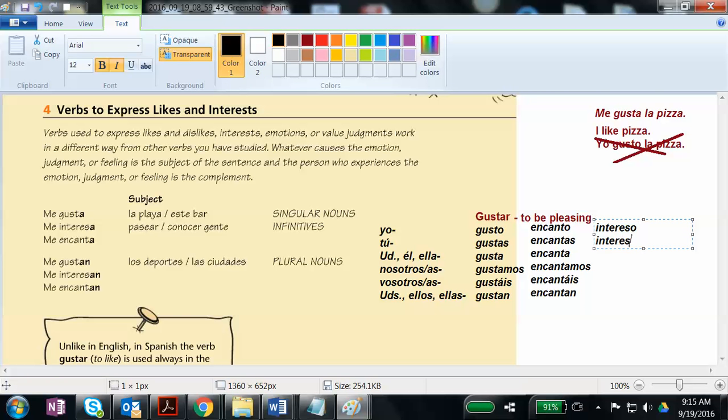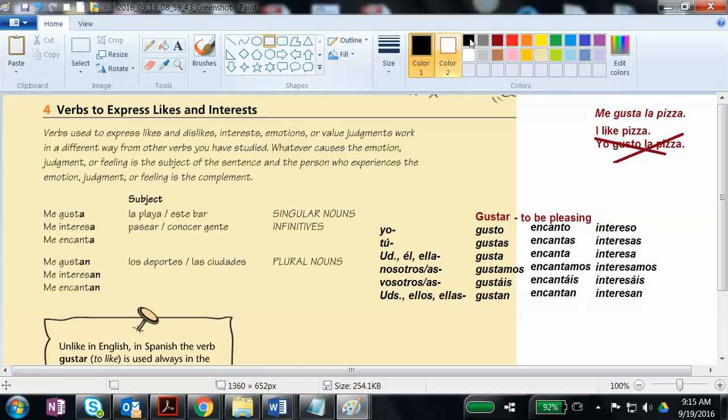Intereso, interesas, interesa, interesamos, interesan. Paisajes interesan.